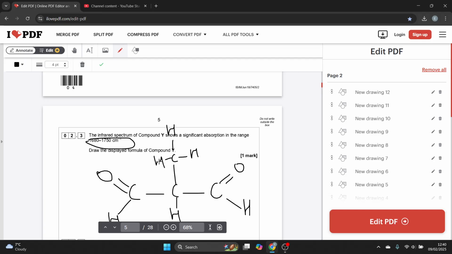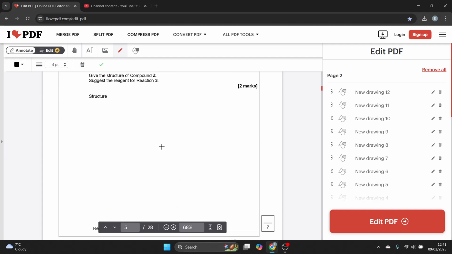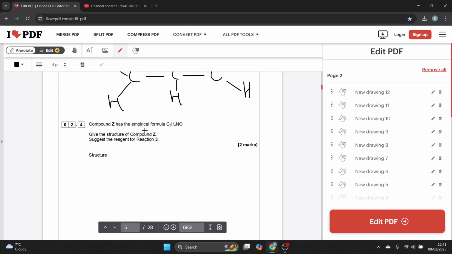There you go, C4H6O2. Compound Z has an empirical formula like this. Give the structure of compound Z. I want the structure of compound Z.